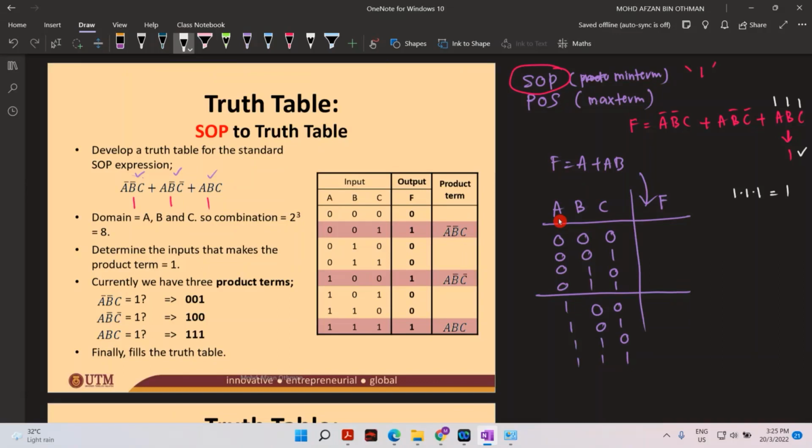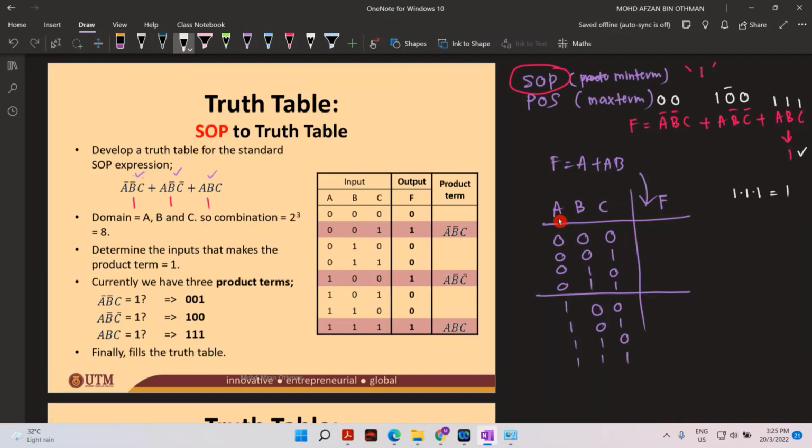Okay, macam mana yang ni? Macam mana nak dapatkan dia 1? A ni kita letak 1. B kita kena letak kosong sebab B bar kosong kita akan dapat 1. C bar kita kena letak kosong. So combination of input dia adalah 1, 0, 0. What about this one ya? A bar, A kosong.